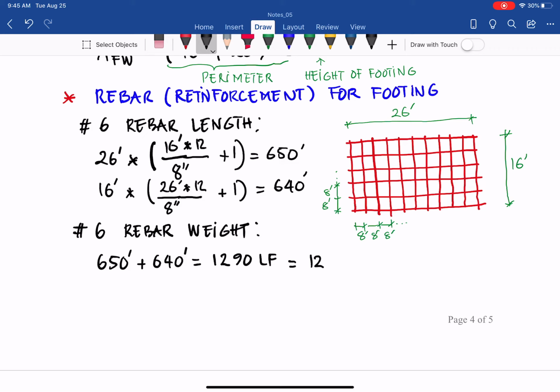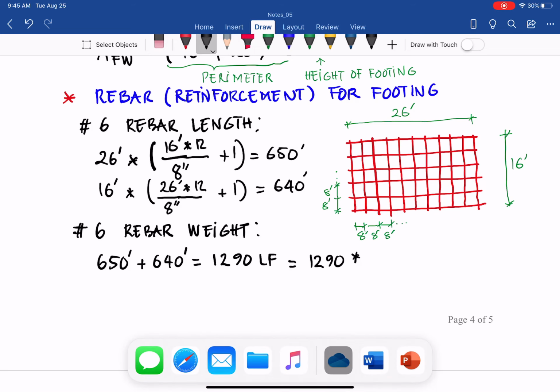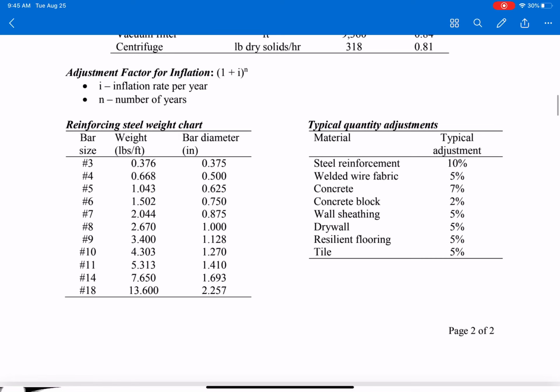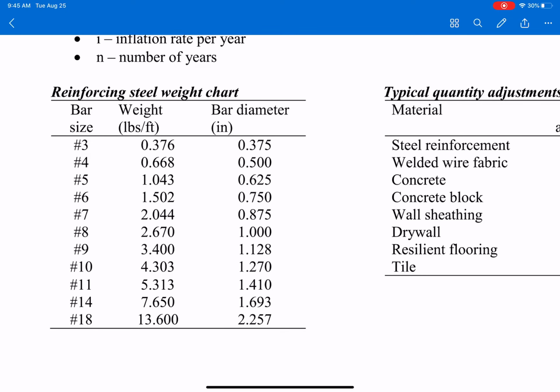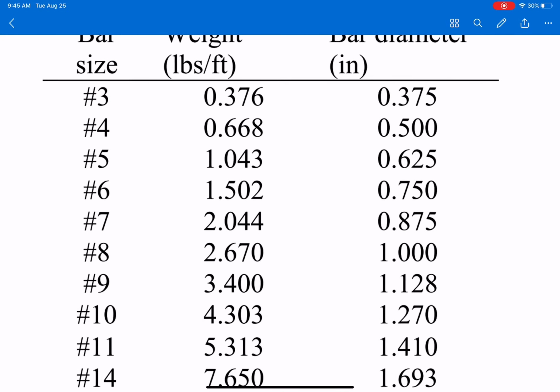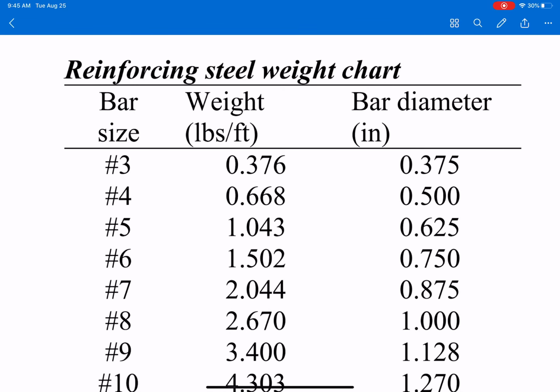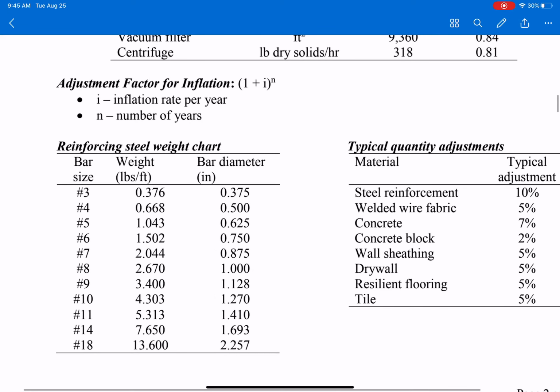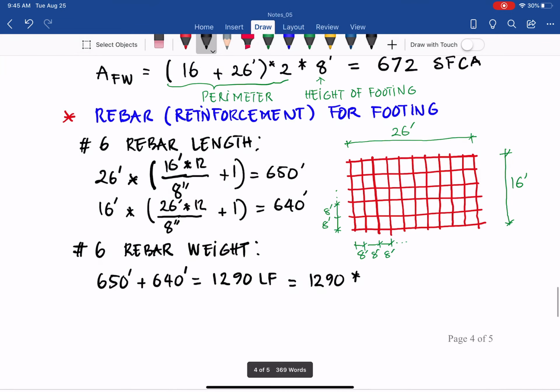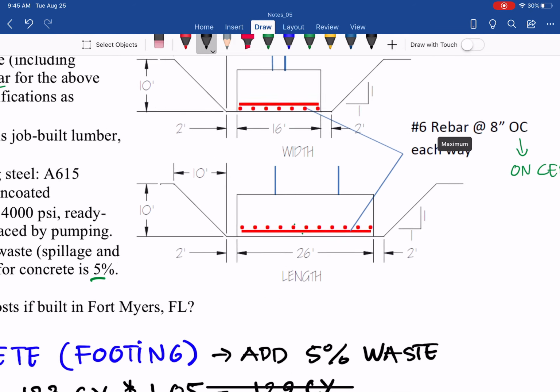So it will be 1290 times, if you go to the reference, we have the reinforcement and the number 6 here for this rebar, and that weight is 1.502 pounds per foot, as you can see there. So go back to here, why number 6? They give us number 6 rebar here.